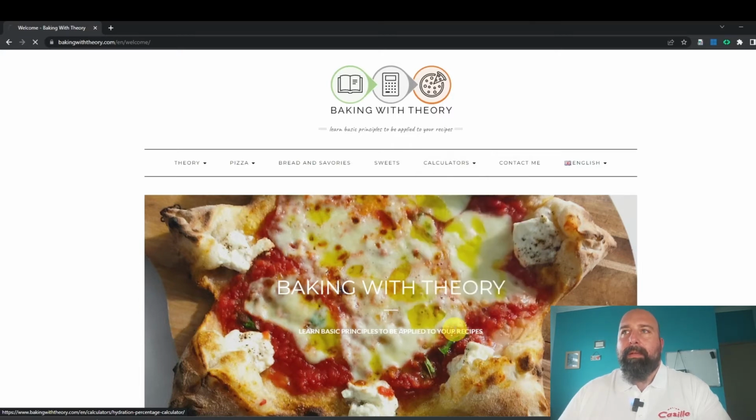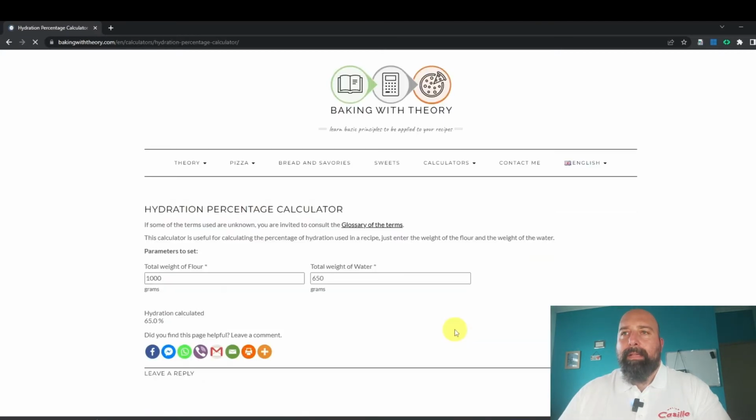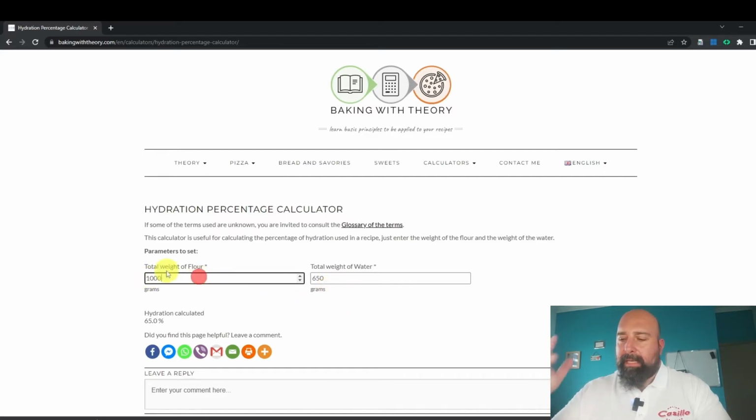Now let us imagine that we have a recipe, and in this recipe we know exactly what is the amount of flour and what is the amount of water. The example that is shown here is simple, but let us say that we have, I don't know, 789 grams of flour, and we have 405 of water.